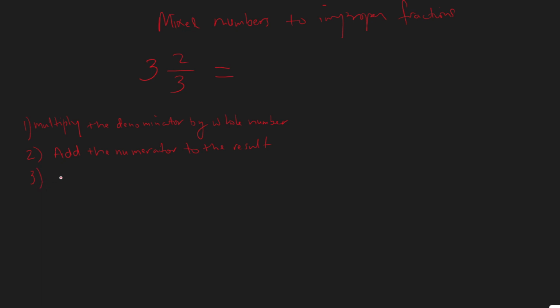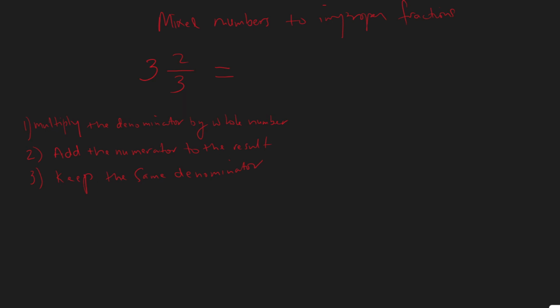Number 3: keep the same denominator. And once you get this one here, you'll be able to convert any mixed number to an improper fraction. Mixed numbers to improper fraction.